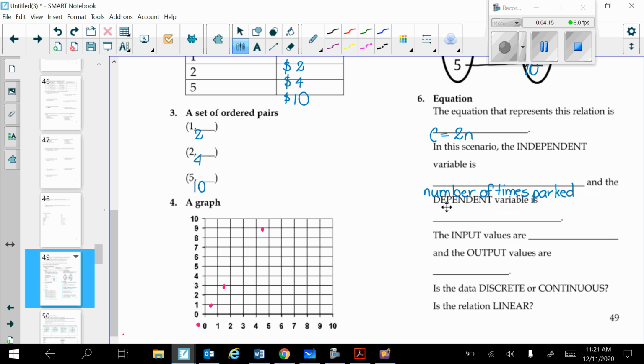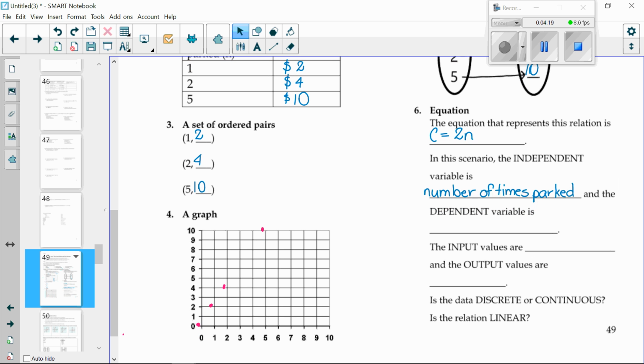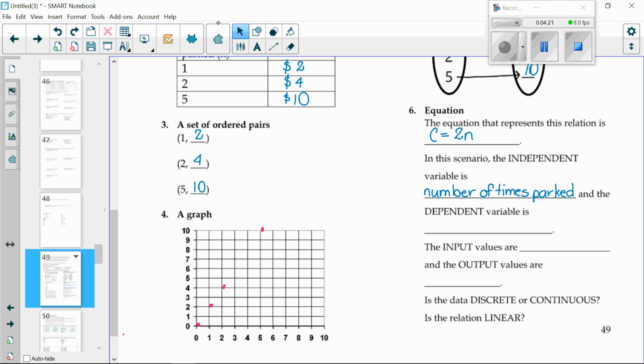So the dependent variable is going to be the cost. The input values are going to be N. The output values are the cost.